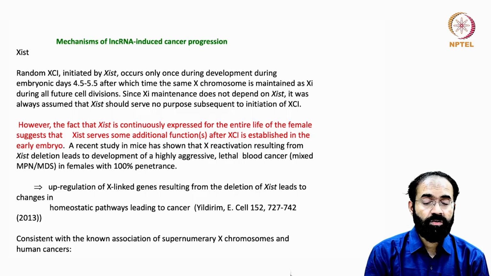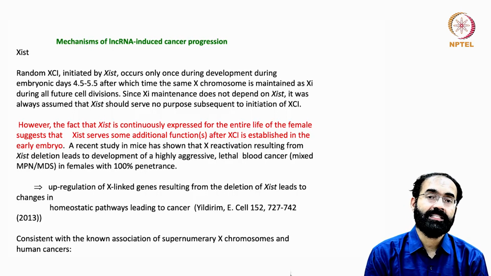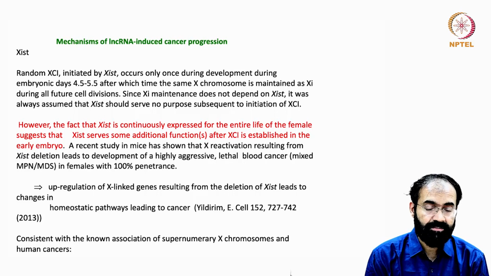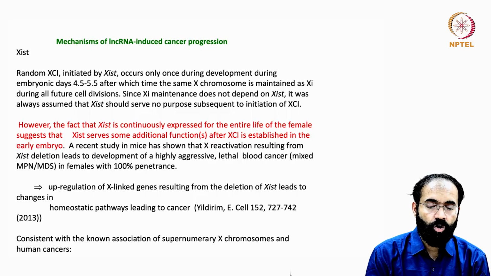So the upregulation of X-linked genes resulting from the deletion of Xist leads to changes, because if the X chromosome is activated, then gene expression also happens from this active X chromosome, and those genes are important. This aberrant activation causes changes in the homeostatic pathways, leading to cancer.